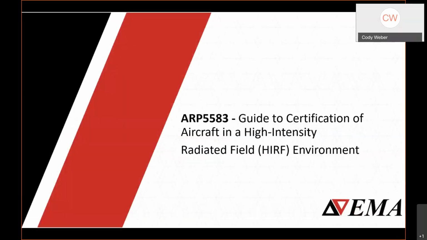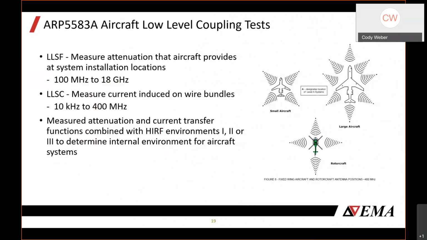Okay, I'm going to talk a little bit about ARP5583. So once you have set your path for doing aircraft level verification, there's many details in ARP5583. And so for LLSF, this is attenuation measurements in your aircraft zones, typically in the range of 100 megahertz to 18 gigahertz. As I say, you may have to go up to 40 gigahertz depending on the operational frequencies of your aircraft.